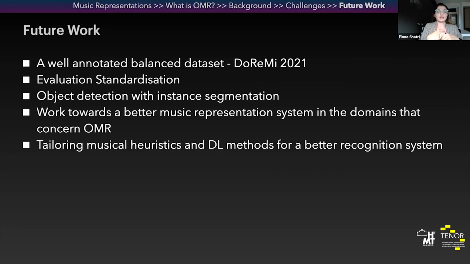We're also working on object detection and instance segmentation. And finally, the goal is to see if we can tailor musical heuristics and deep learning methods to build a better recognition system for optical music recognition.